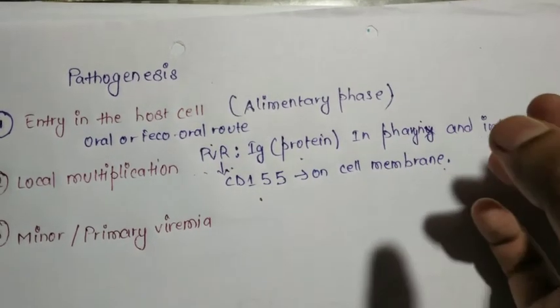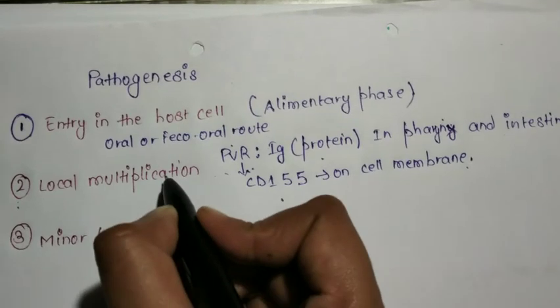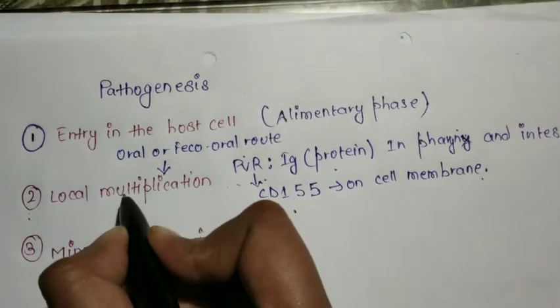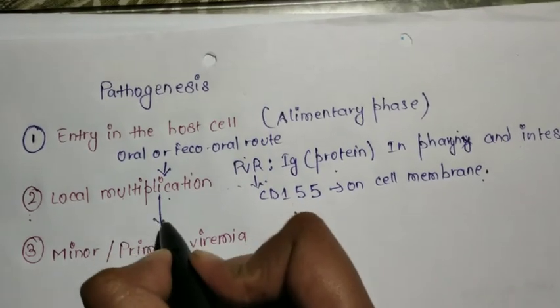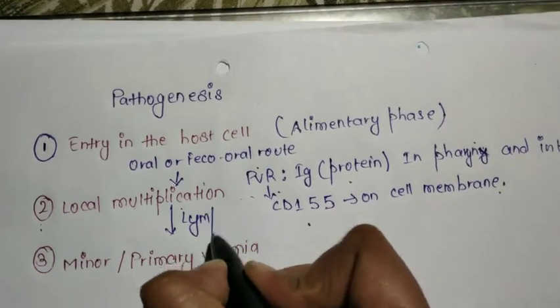At that time, the local multiplication takes place in the Peyer's patches, and this phase is called the lymphatic phase.